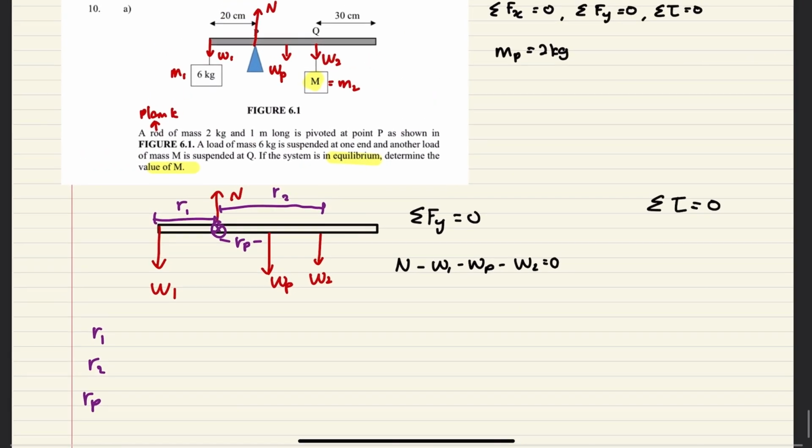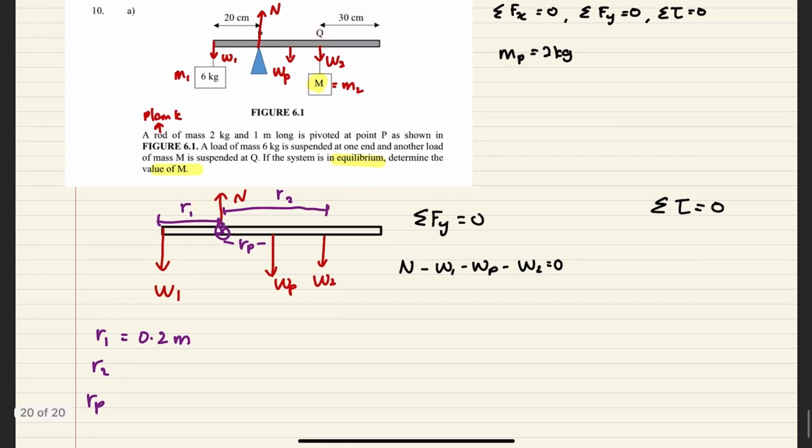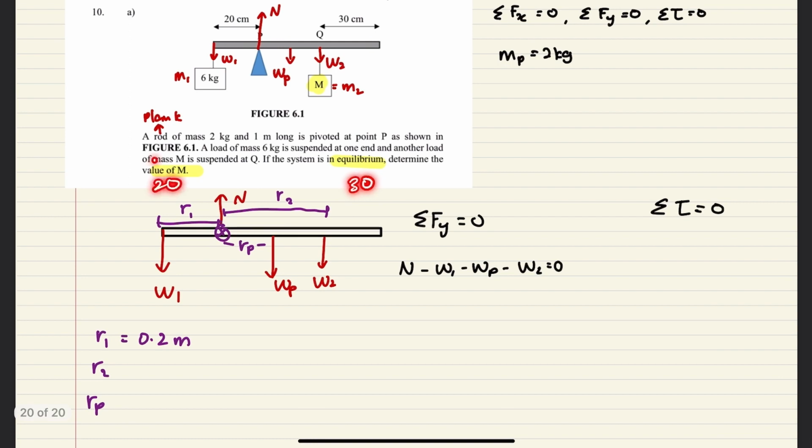R1 is 20 centimeters based on the diagram here, or 0.2 meter. I changed to meters anyway. R2 is basically the distance here. You do have the distances over here, which are 30 and 20. The whole length is 1 meter, which is 100, so 100 minus 20 and 30 is 50 centimeters, or 0.5 meter.